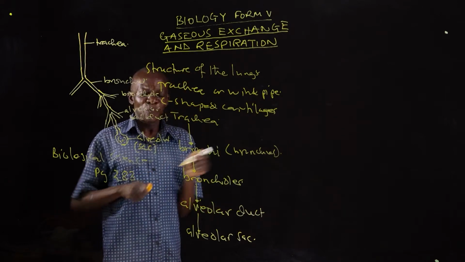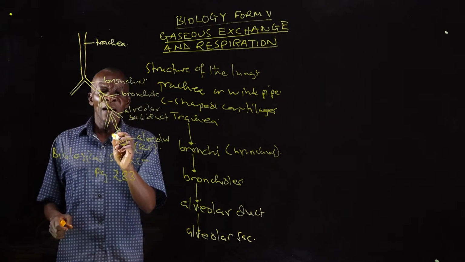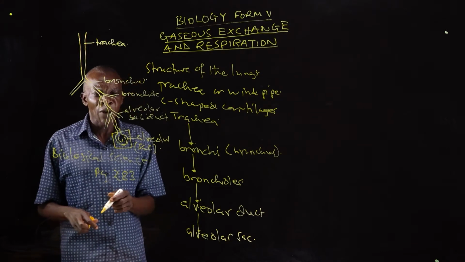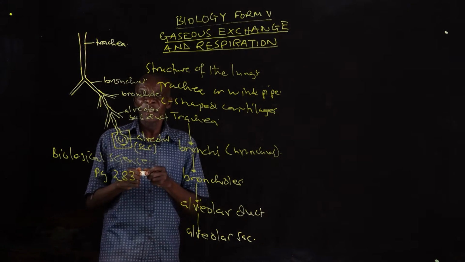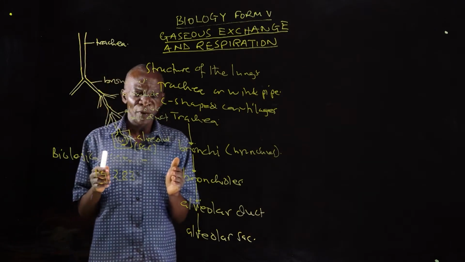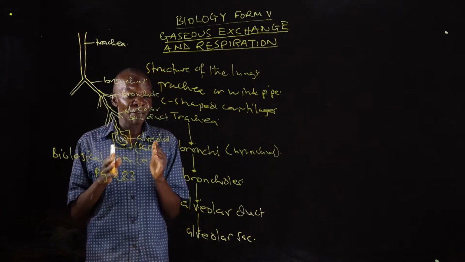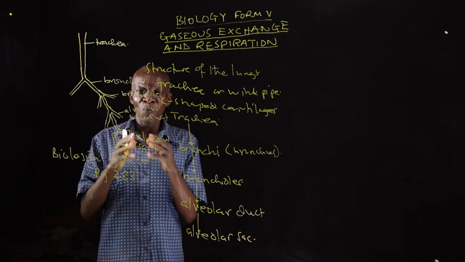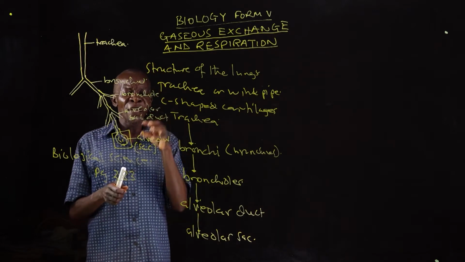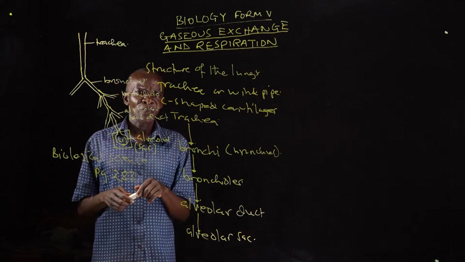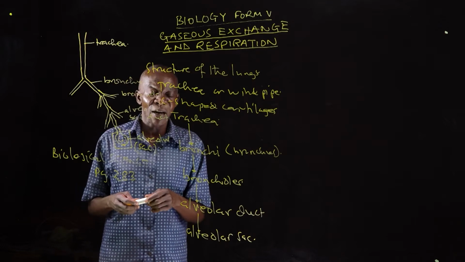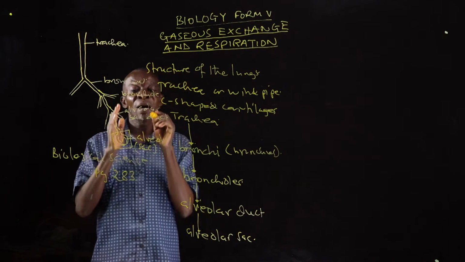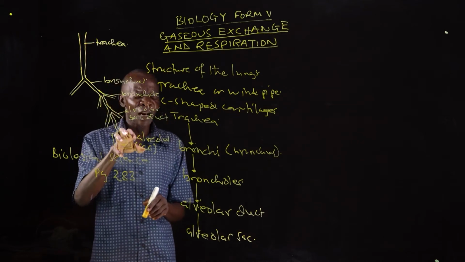I have said that at the end of the tubular system, there is an alveolus, or simply an alveolar sac. And basically, this is the functional unit of the lung. When we talk of the lung, a site for gaseous exchange, we are actually talking of the alveolus.